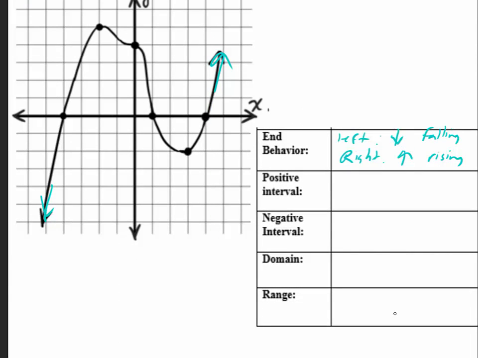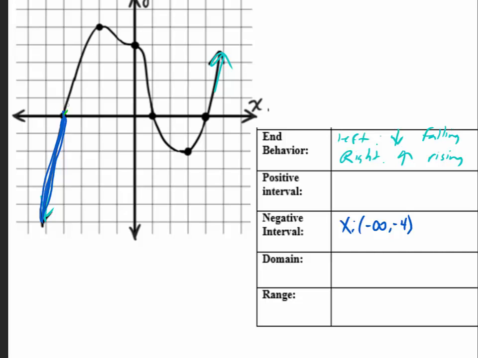Positive intervals or negative intervals. If I'm reading this from left to right, I'm looking on the left, I am below the water right here. So that means I'm negative. So I would start off saying, hey, all the way from the left to this x value, 1, 2, 3, 4, -4, I'm below the water. I'm a submarine.